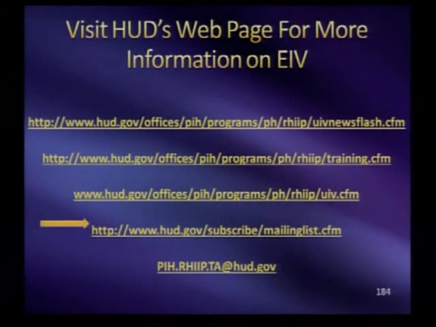These links are also listed in PIH Notice 2010-19. I know they're hard to read, but these are the important links, and of course, PIH.RHIIP.TA@HUD.gov is our PIH EIV Technical Assistance Mailbox geared to helping you with successful implementation of the EIV system.